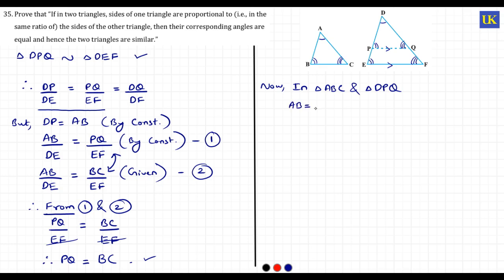AB is equal to DP, and AC is equal to DQ. Both these things are by construction, because we have made the construction only in such a way that we have kept AB equal to DP, and for AC we have taken the same measurement and marked it for DQ.